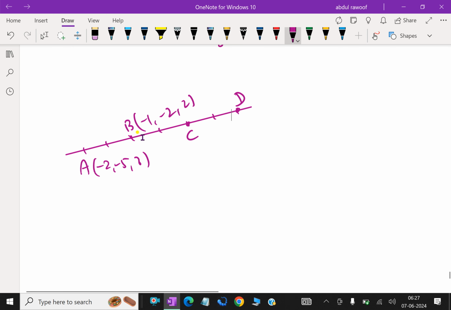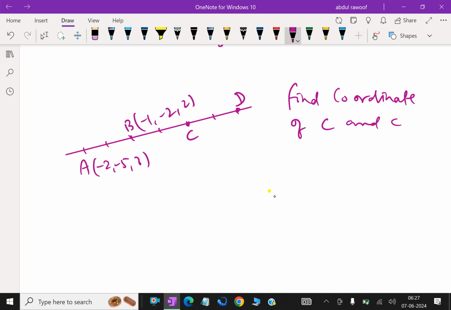Regarding this line, we have to answer some questions. We have to find the missing coordinates, C and D. All are equal spaces here, so AB is equal to BC, equal to CD.